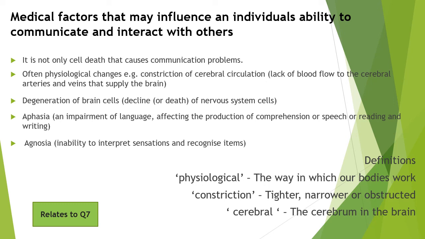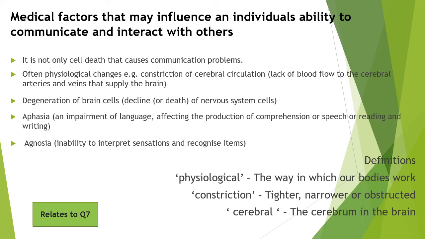Often, physiological changes. So for example, constriction of the cerebral circulation, which is a lack of blood flow to the cerebral arteries and veins that supply the brain. A degeneration of the brain cells, so a decline of the nervous system cells or death of the nervous system cells.